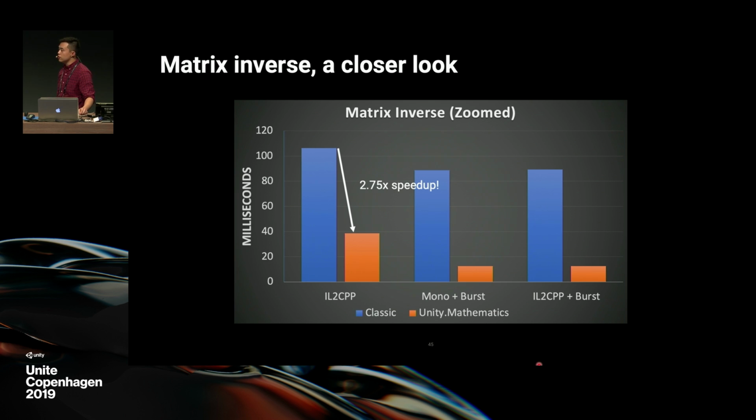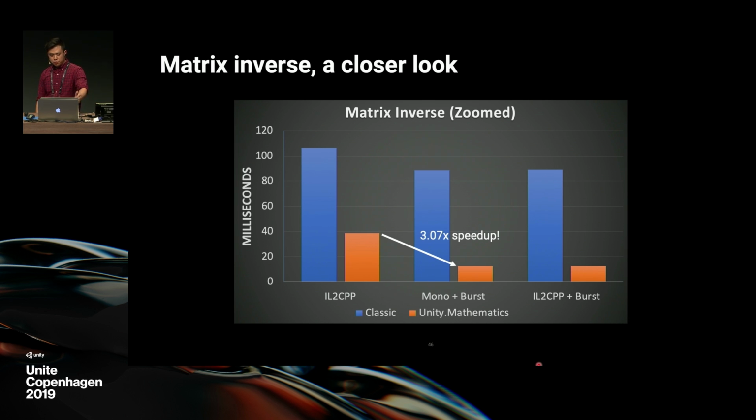Unity.Mathematics, however, uses a very different implementation. Taking advantage of this property with matrix cofactors and matrix determinants, you can basically compute the entire matrix inverse directly with no elimination involved at all, and it can be done with SIMD code gen, which is the main reason why you see this massive difference here.